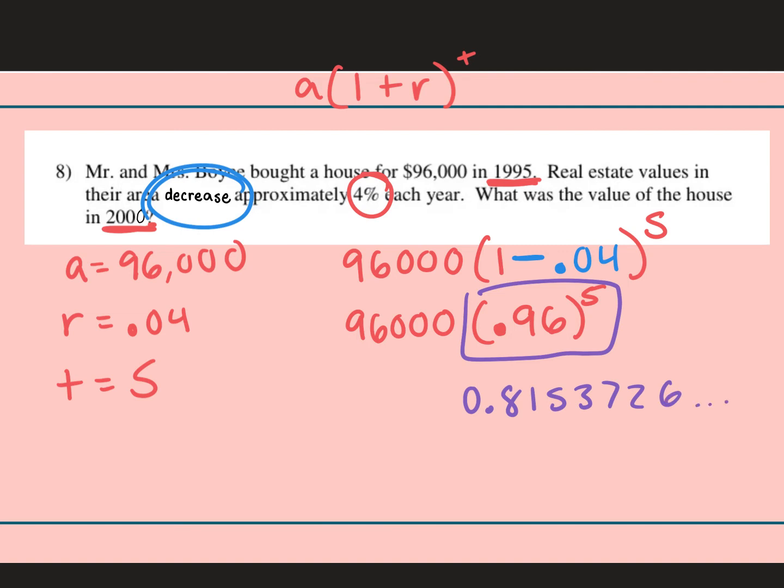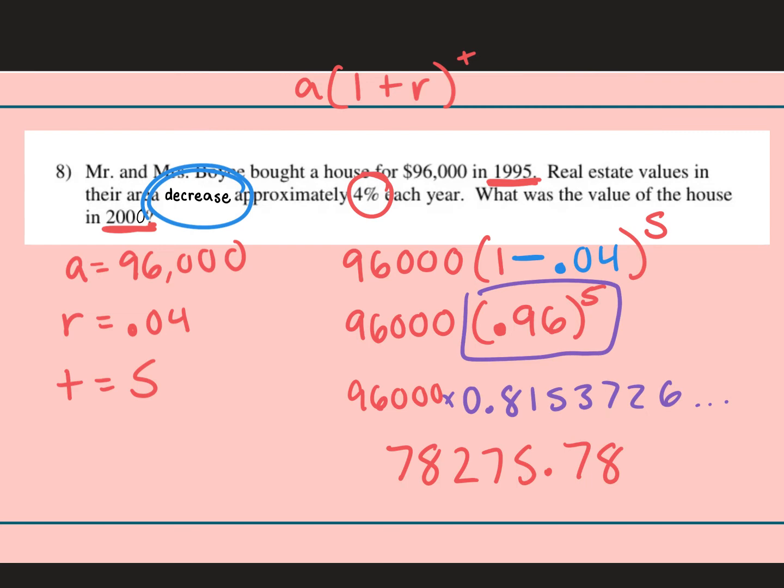0.815376. Awesome. And then what's the last step? Times 96,000. So just leave it in your calculator and put times 96,000. So $78,275.78.